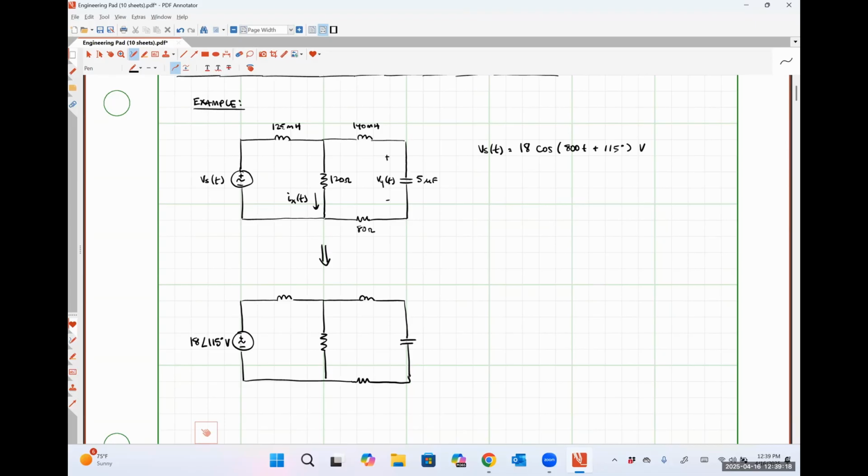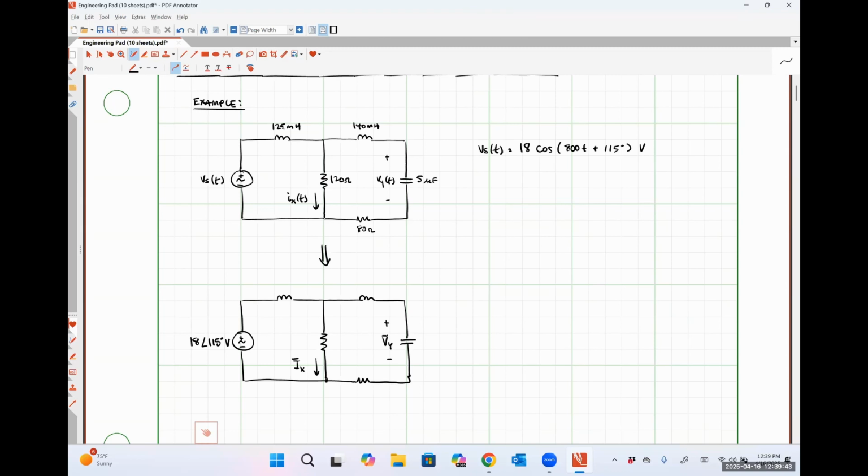So I'm also going to go ahead and convert those unknown quantities that I'm solving for into phasors as well, right? So the current flowing through this resistor, now I'm going to represent it as a phasor current IX. And similarly, the voltage drop across this capacitor, I'm going to represent as a phasor voltage Vy.